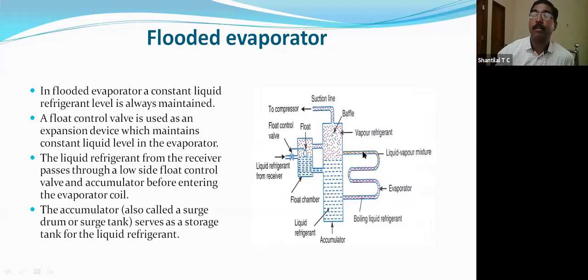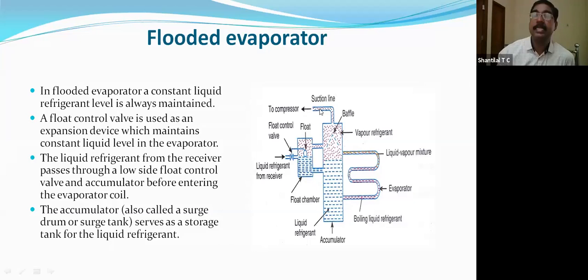This liquid vapor mixture again reaches this chamber. Here it is separating: liquid goes down and vapor goes up. Why? Liquid has more weight. Due to gravity the liquid goes down, and vapor is less in weight, so vapor moves up.